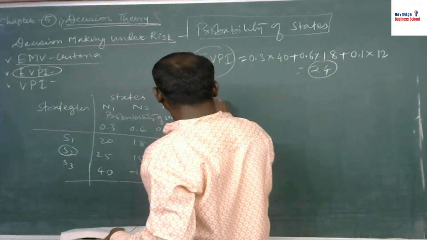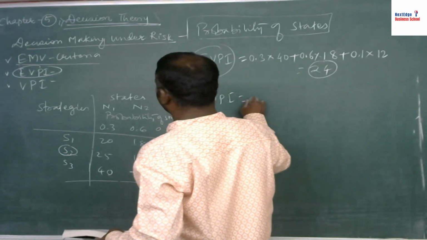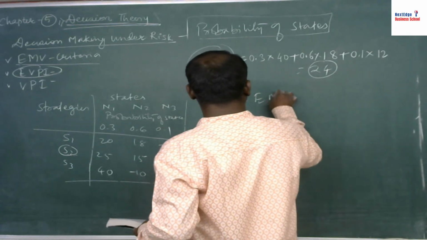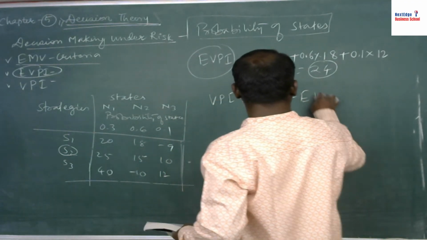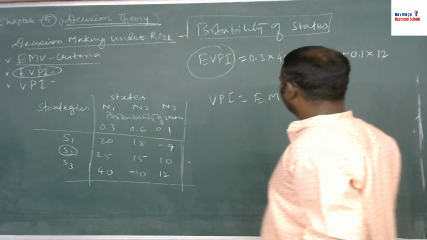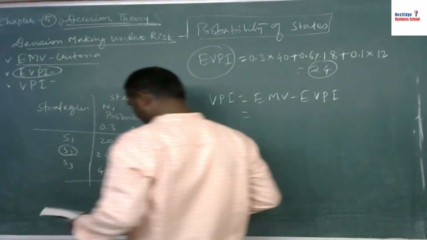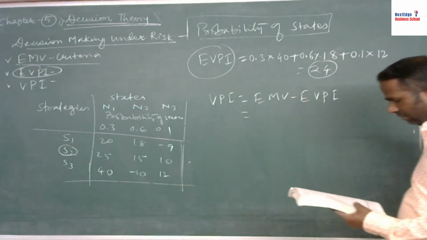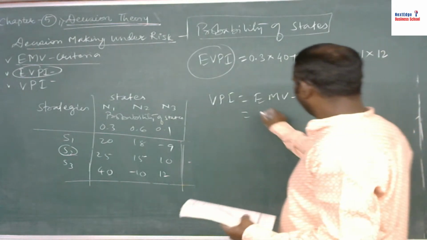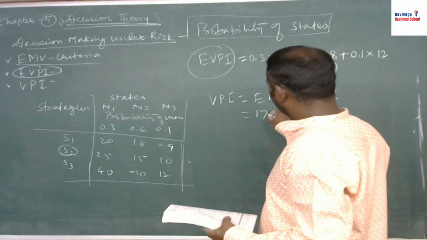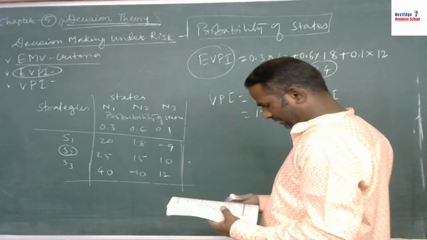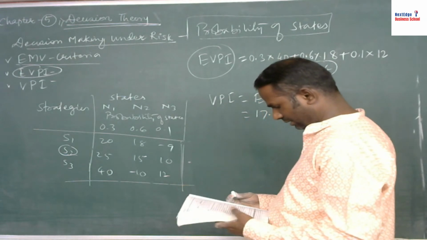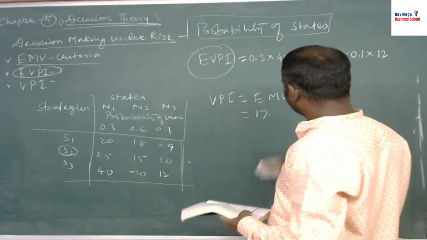So how to calculate VPI then? VPI is nothing but EMV minus EVPI. Sorry, what is the correction?